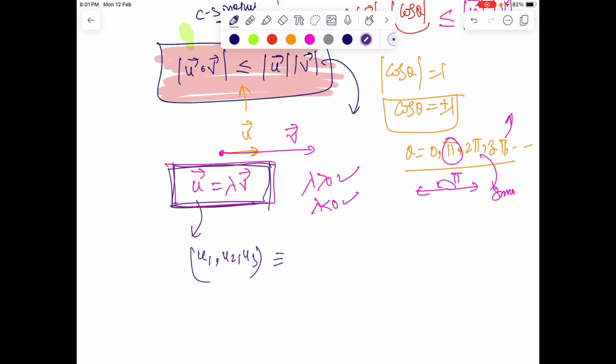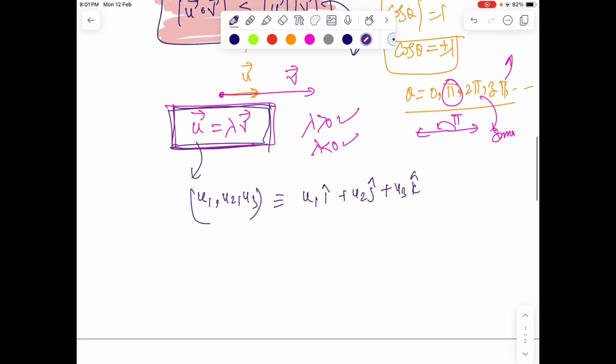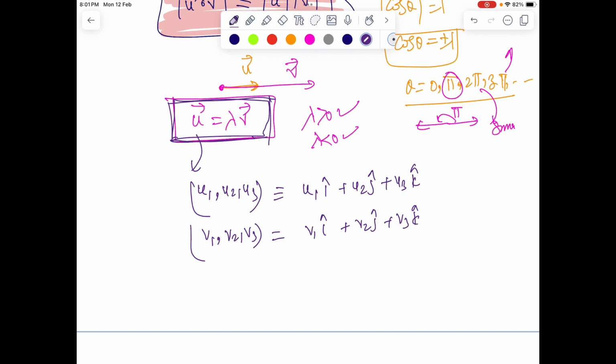It means let's say u vector has components u1, u2, u3, which in 3D is u1 i cap plus u2 j cap plus u3 k cap. And let's say v vector has components v1, v2, v3, so v1 i cap plus v2 j cap plus v3 k cap.